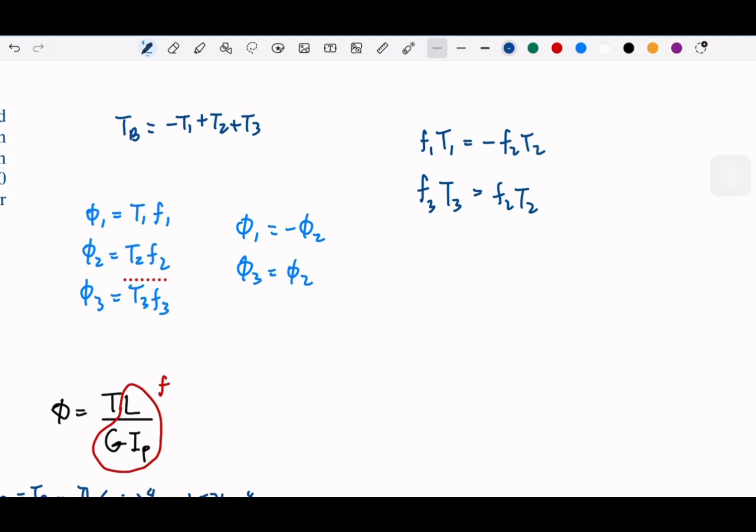So we can exchange based on this TB. So for example, we could start by taking this T1 is basically negative TB plus T2 plus T3, right?